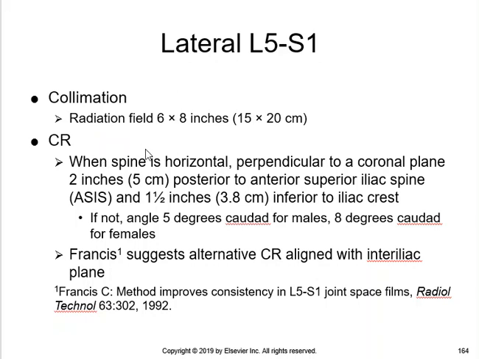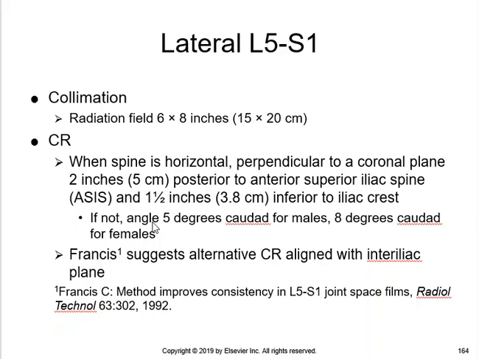So your central ray, if the spine is horizontal, is going to be perpendicular to the midcoronal plane, 2 inches posterior to the anterior superior iliac spine, and 1.5 inches inferior to the iliac crest. That's going to seem really complicated, but I'm going to tell you a very, very simple way to perform this.